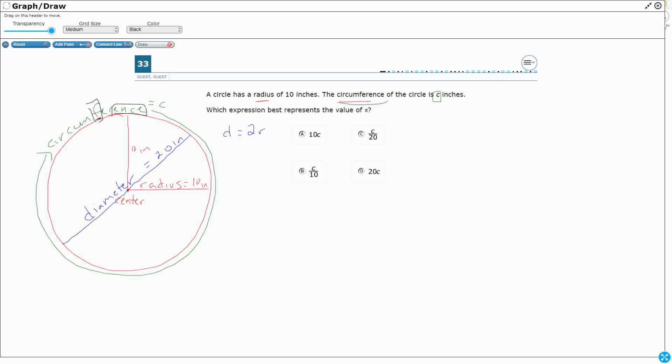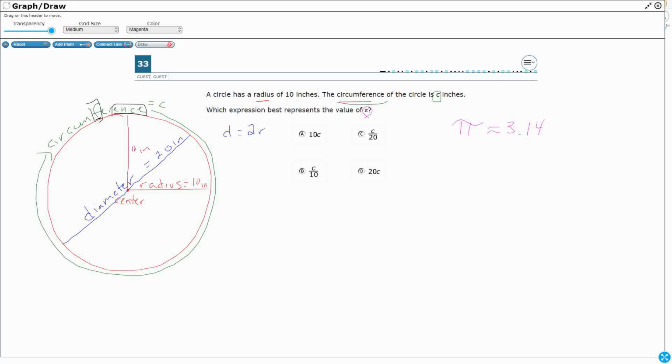All right, so we have the radius, we have the diameter if we need it, always easy to calculate, and the circumference of C. What are we looking for here? We are looking for pi. Now, most of us remember that pi is about 3.14, and that's an approximation if you don't have access to a calculator. And if we actually had a value for C, we might be able to calculate which of these is about 3.14, but we don't have that.